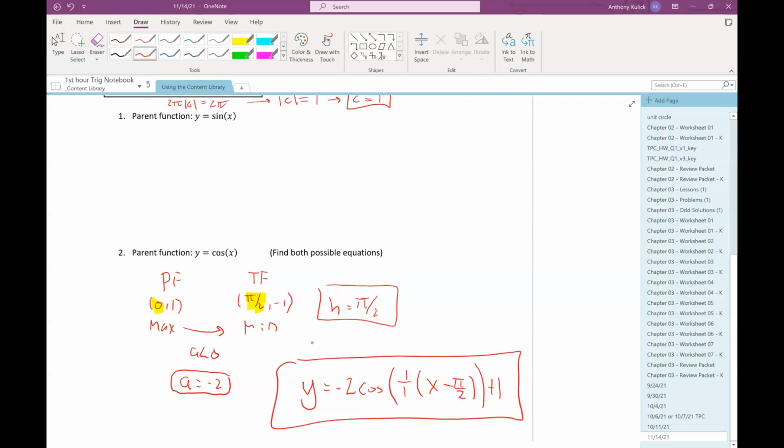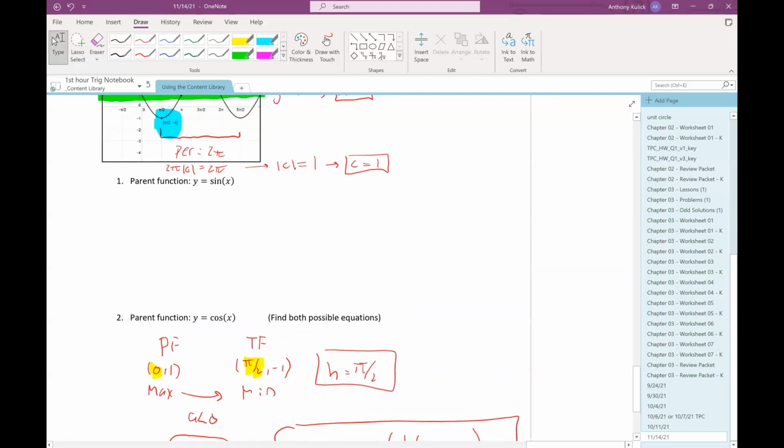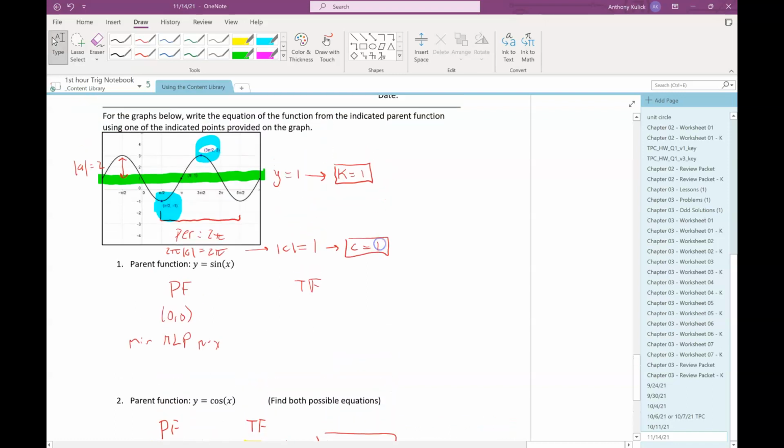Okay. So the only thing that's going to change is this last step. The values for the absolute value of A, for C, and for K are still going to be the same. So the only difference here is the parent function point that I'm going to pick is going to be (0, 0), which is my midline point that always starts min, midline, then max. So from my transform function now, I'm going to pick my midline point, which is (pi, 1).